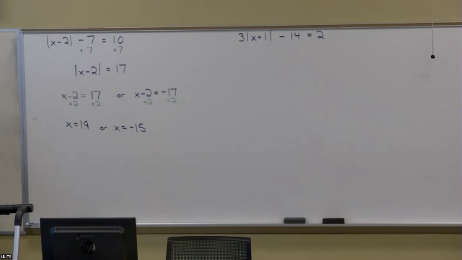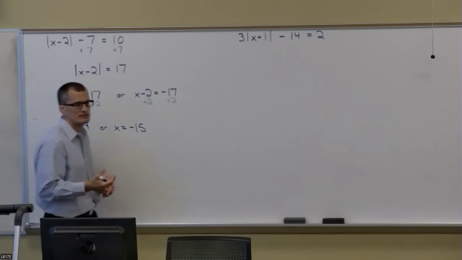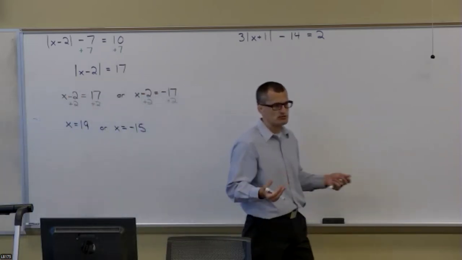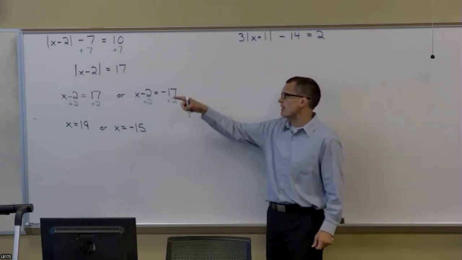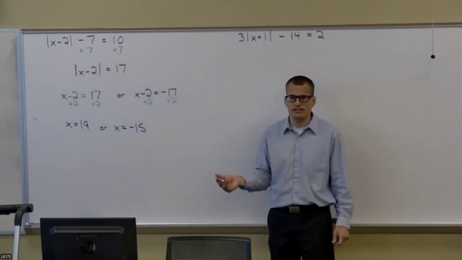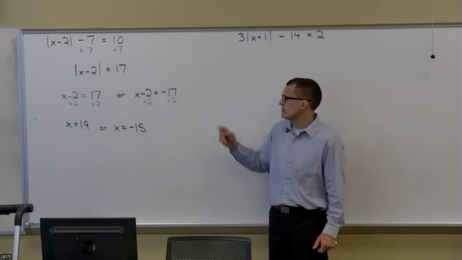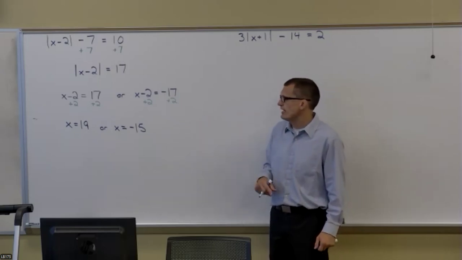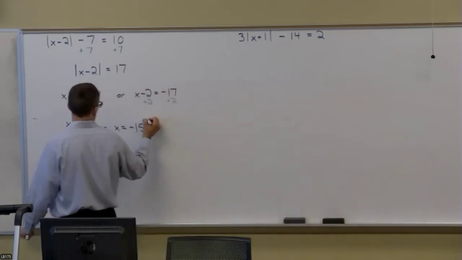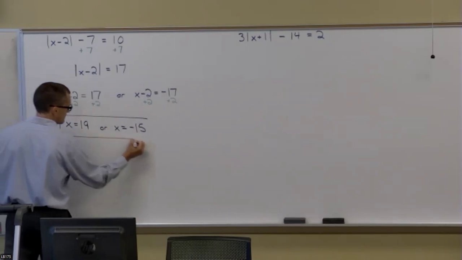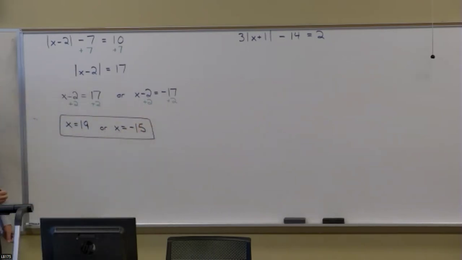And we could ask, well, which one of those is the solution? They're both solutions, right? If you wanted to, you could check by plugging those into the original equation. I'm not going to do that right now, but each would give you a true statement. So both of these are solutions. And that's it. You write them both down.